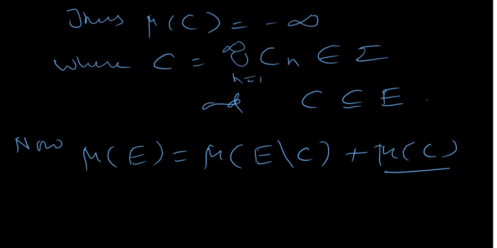It's minus infinity. So mu assumes the value minus infinity, so it cannot assume plus infinity. So the first number is either minus infinity or a finite real number, and a finite real number plus minus infinity is minus infinity. So it's equal to minus infinity, which is a contradiction, because mu of E is positive.